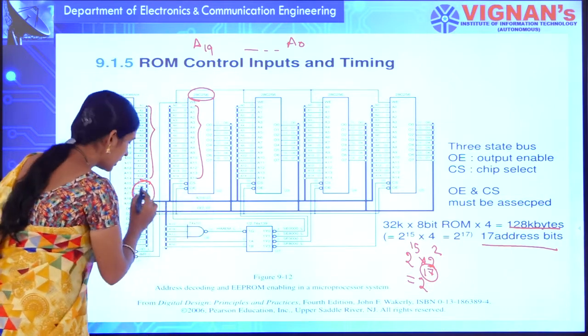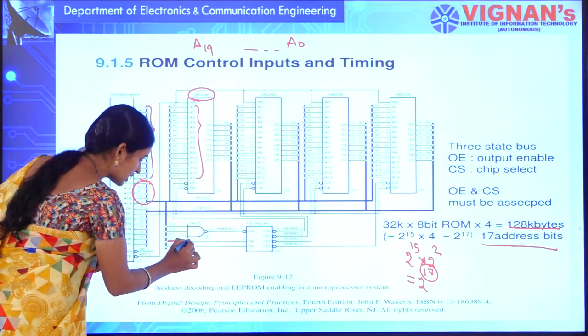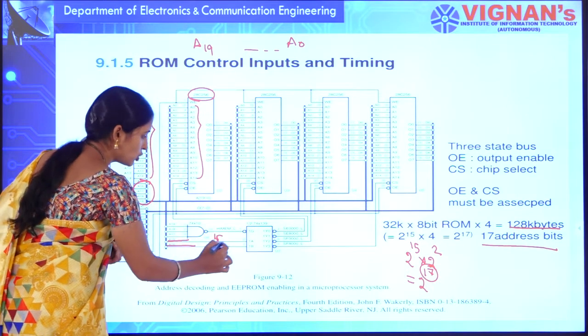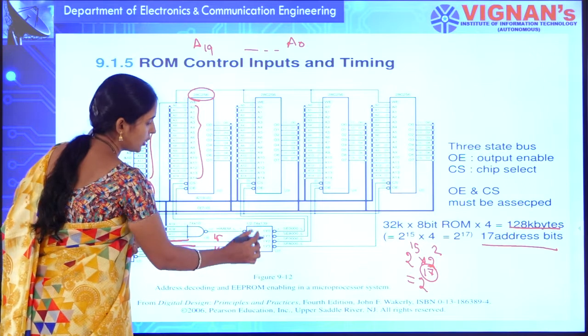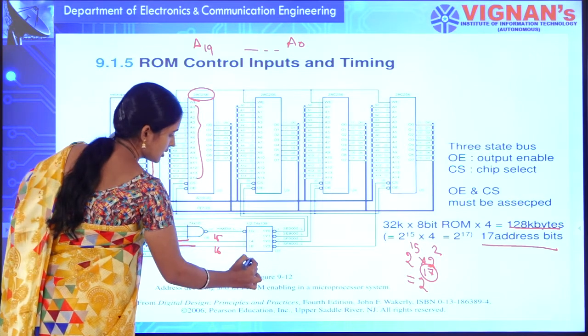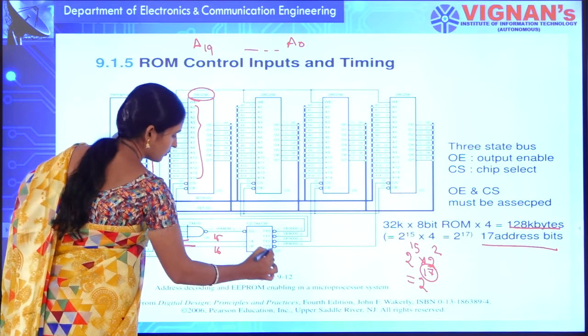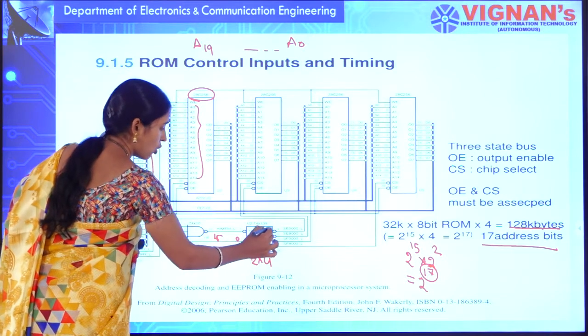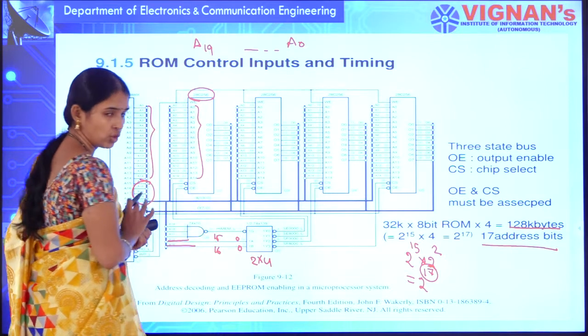Okay. If you see here, the 15th and 16th address lines are provided as the 2 inputs to a decoder, like this 2 by 4 decoder. As you all know, depending upon your inputs only one output pin will be active low.